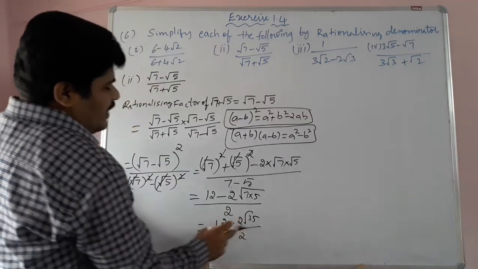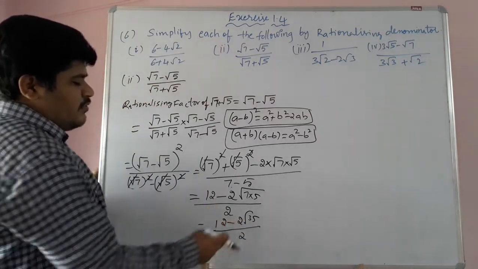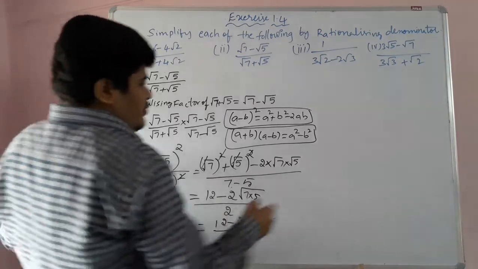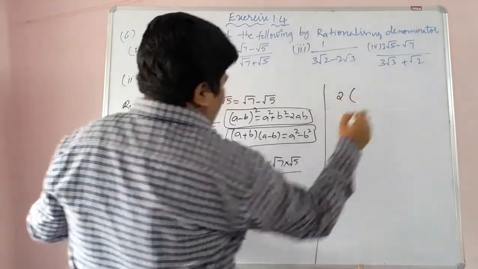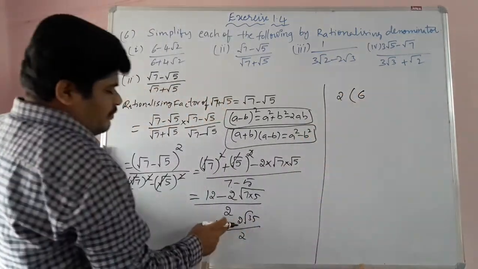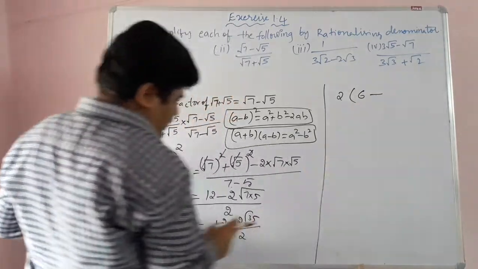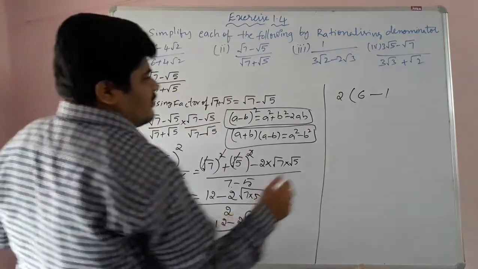So students, in the numerator, see, 12 can be written as 2 sixes, and 2 is 2 ones. So you can take 2 common outside. So here you can take 2 outside and you will get 2 of 6, 2 sixes are 12, right? So 2 of 6 minus, the minus symbol is here. So minus 2 ones are 2, and root 35 is there.